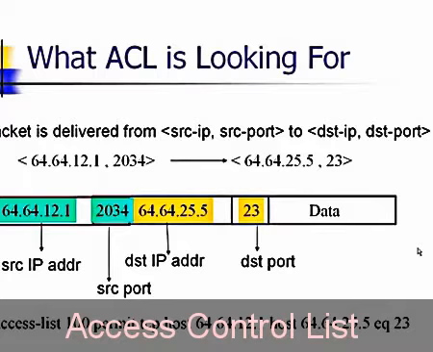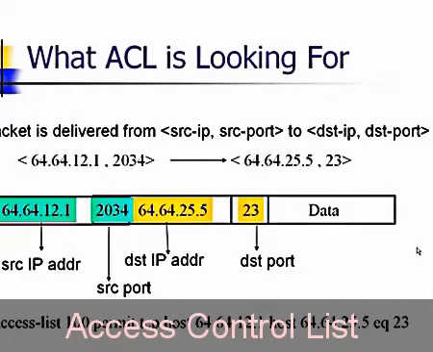What exactly is the ACL looking for? Think of an example of someone sending you a package. On the package, it has the sender's name and address. In this case, it is the source IP and the port number. Most importantly, it has your name and address as the receiver.